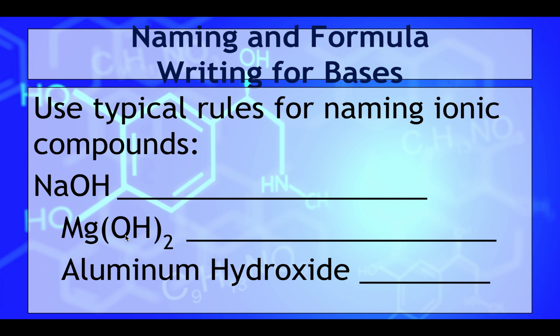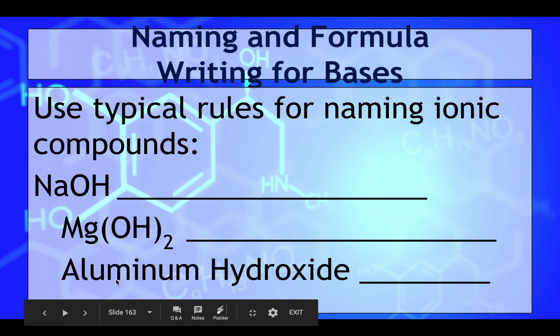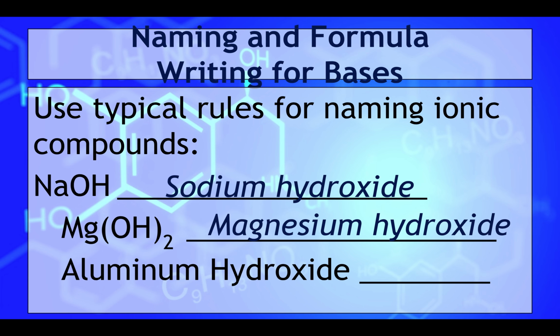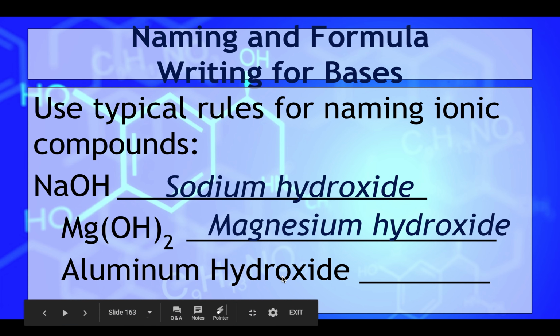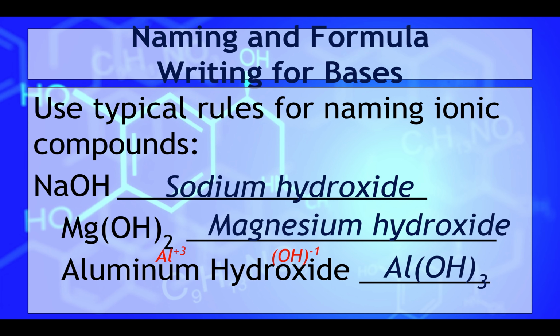Mg(OH)2 would be magnesium hydroxide, and here we're going to go from the name to the formula. So sodium hydroxide, magnesium hydroxide, and this would be aluminum hydroxide. Remember, aluminum has a +3 charge. Each hydroxide has a -1 charge. So our formula is going to be Al(OH)3 for aluminum hydroxide.